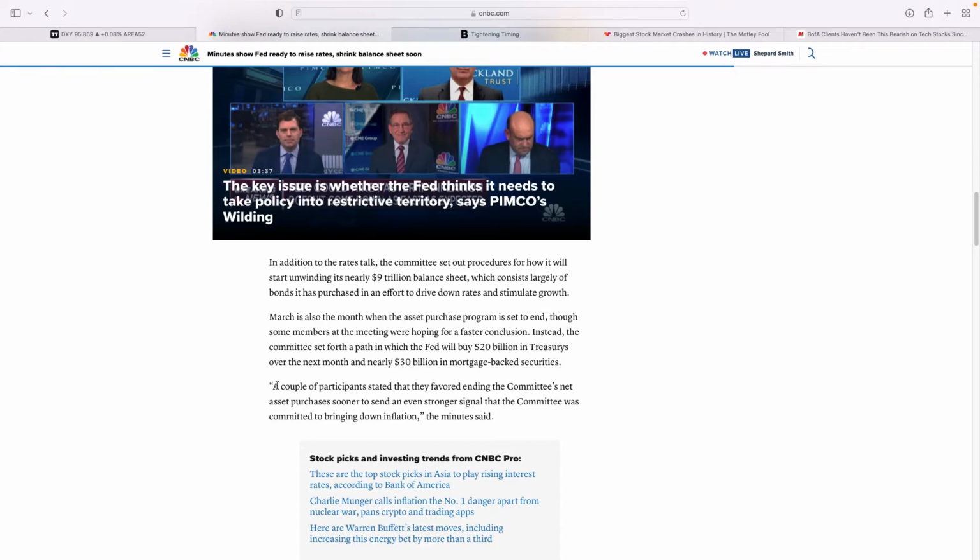It also says here a couple of the participants stated that they favored ending the committee's net asset purchases sooner, to send an even stronger signal that the committee was committed to bringing down inflation. Basically what that means is that you have a lot of rich people sitting around the table, and they decide about the interest rate hike, which basis points they're going to hike it from.